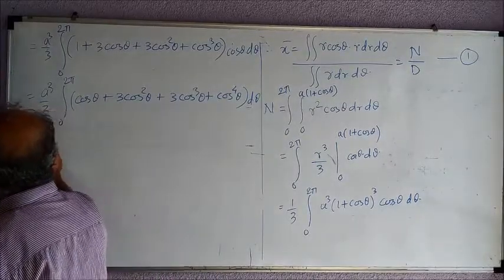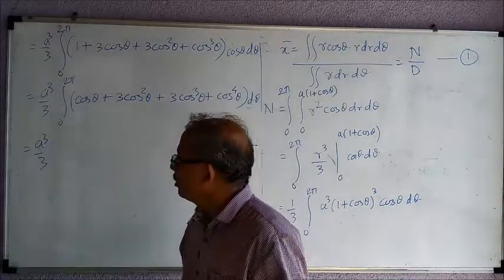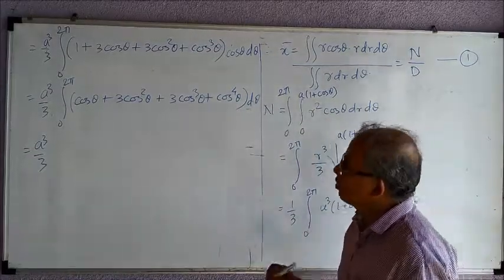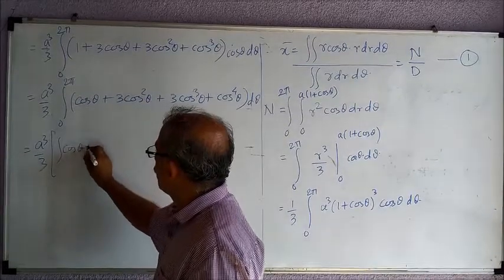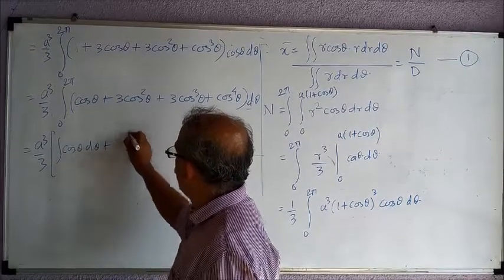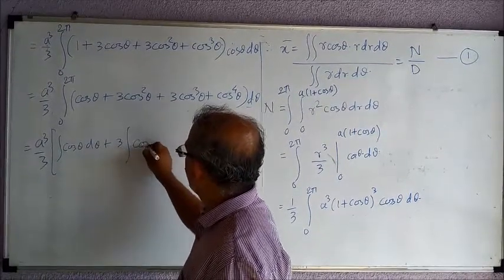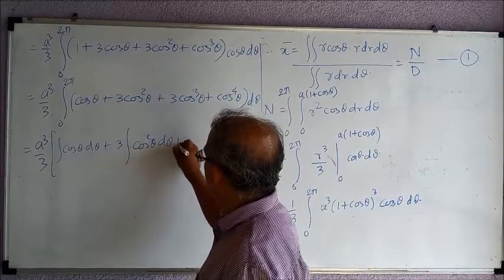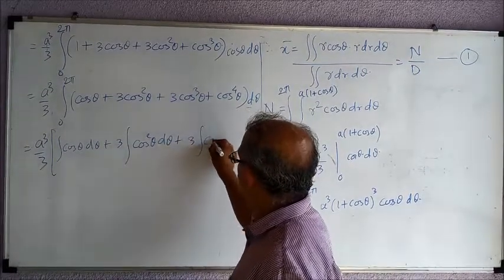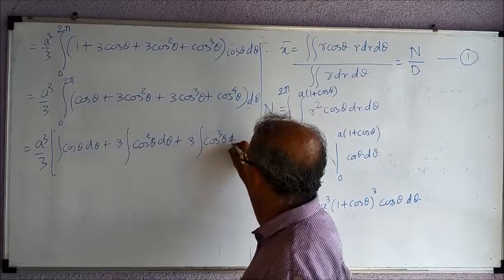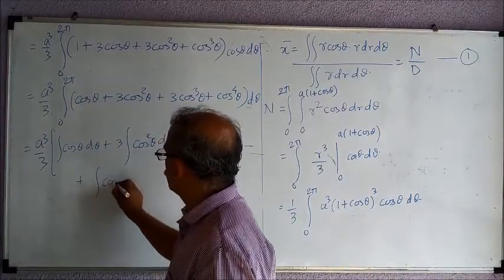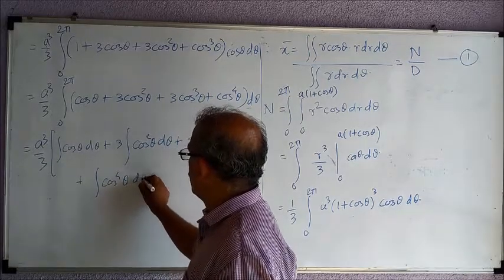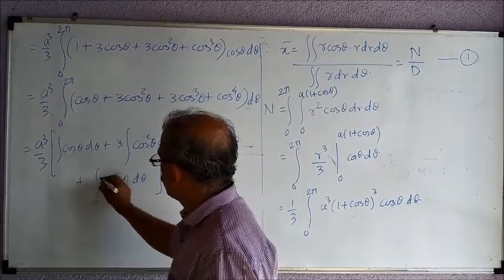So this is a cube by 3, the outer part, and inside we have integral cos theta d theta plus 3 integral cos square theta d theta plus 3 integral cos cube theta d theta plus integral cos raised to 4 theta d theta, and all these are running from 0 to 2 pi.